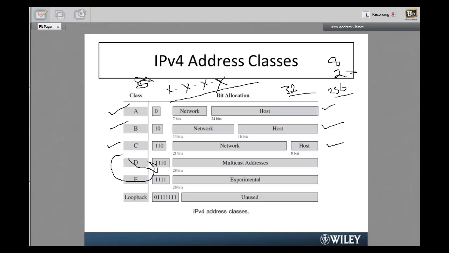Okay, and this one is the loopback. Whenever you see an address starting with 127, it's actually loopback. What do we mean by loopback? It's an address given to test the network, or to test TCP/IP within your device without a network.